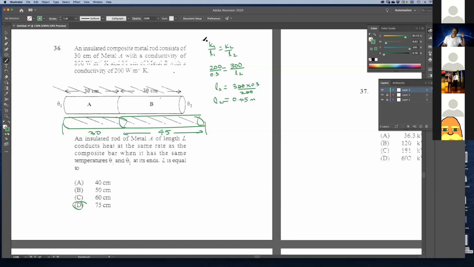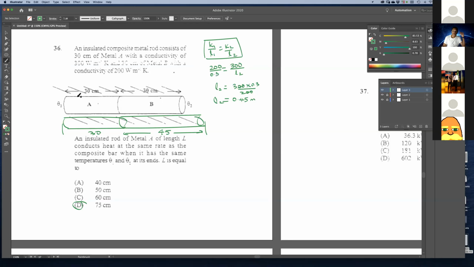This is the equation for equivalent conductors, meaning that I want to replace B by an unknown length L2 of a material similar to A. So I know the thermal conductivity of B is 200. I know the length of B is 0.3 meters.